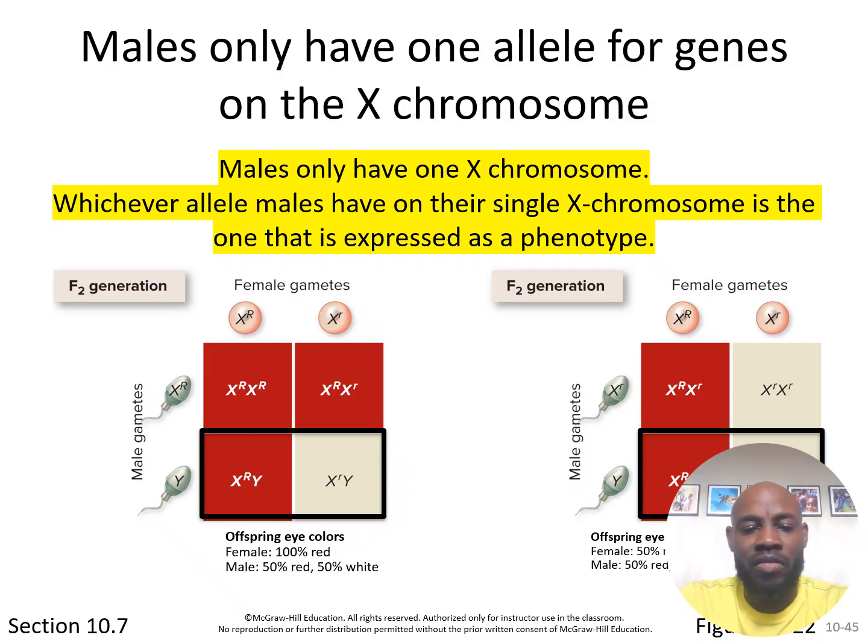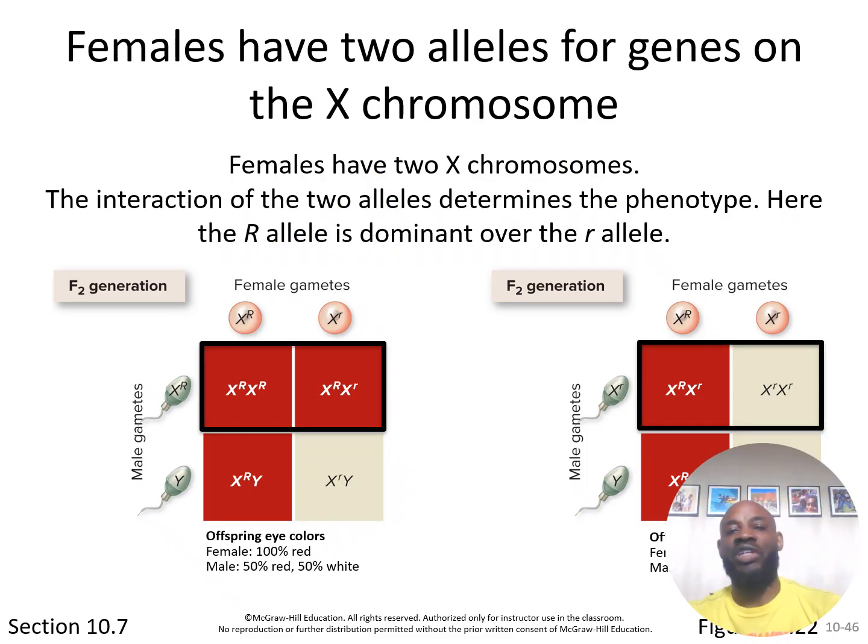Versus if there is a male, it could have red eyes or white eyes, because the allele, the gene, is only carried on the X, not on the Y. That's what we see when we do the Punnett square. Females have two alleles for genes on the X chromosome, so it gives them more variability in what they can transfer into the next generation, as you see here with the Punnett square.